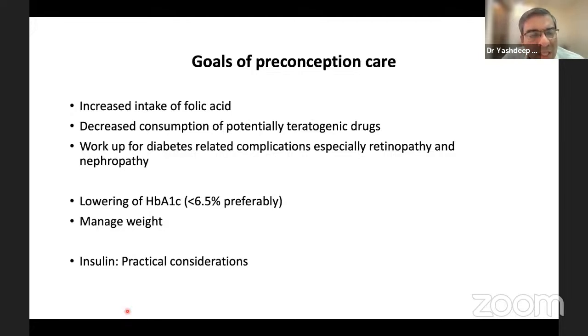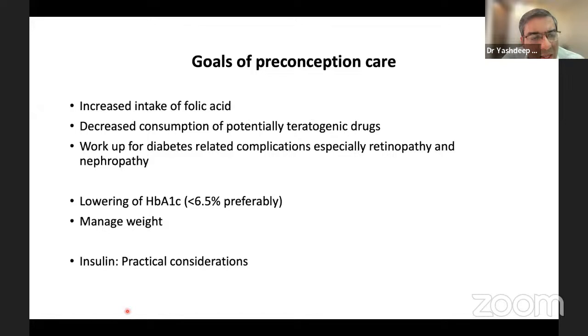That is one goal of preconception care. Then most women who have had diabetes for more than 5 to 10 years may harbor some complication like retinopathy and nephropathy. Both these complications can worsen during pregnancy, so it is important to work up and fix them before the patient undergoes pregnancy.